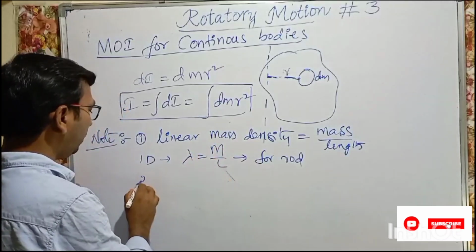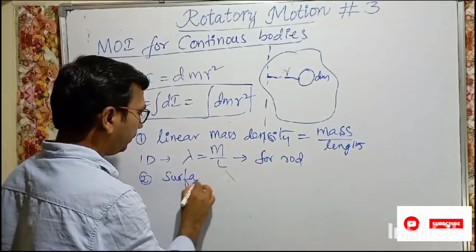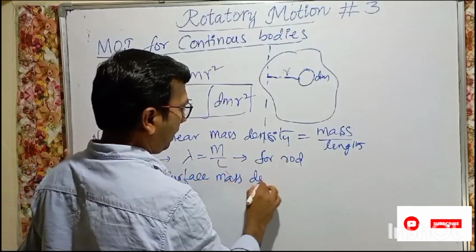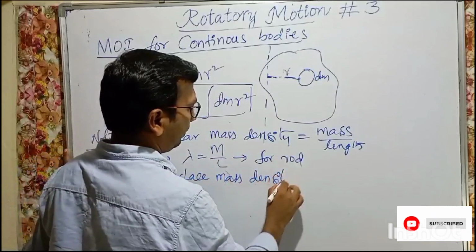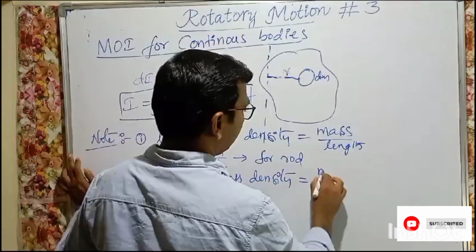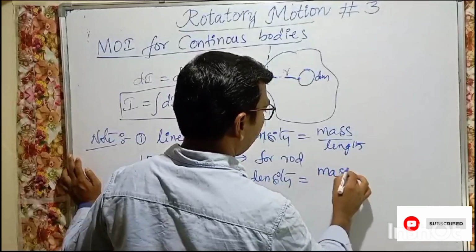So second one, surface mass density, we can write mass by area.